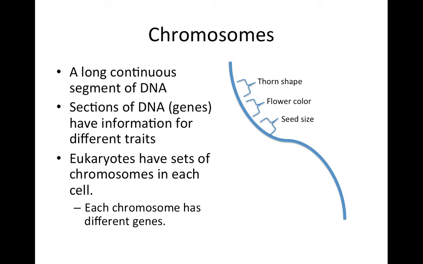So just for example, one segment of DNA might code for the shape of a thorn, whether it's curved or straight, for example. Another section of DNA might affect flower color, whether a flower is red or yellow, for example, and the third section might affect the size of a seed, whether the seed is large or small.